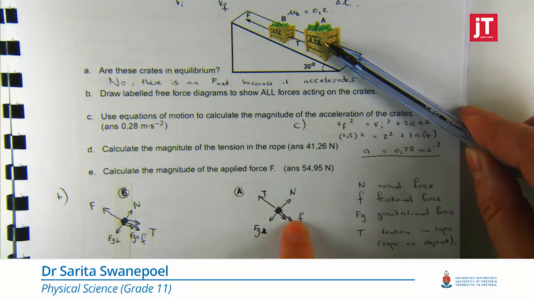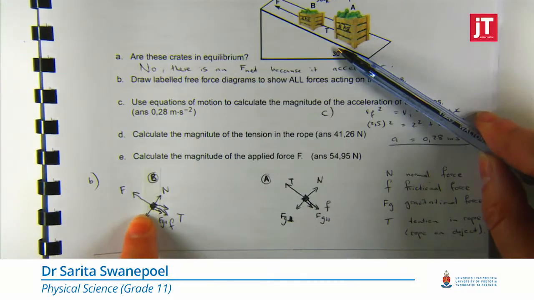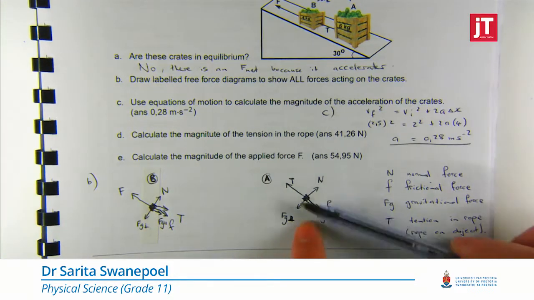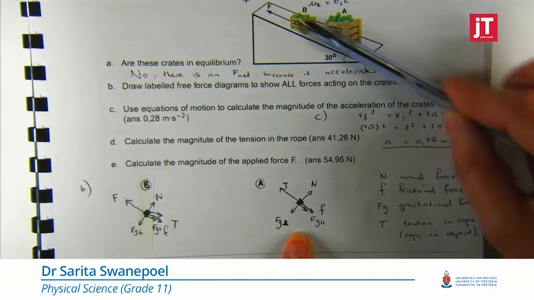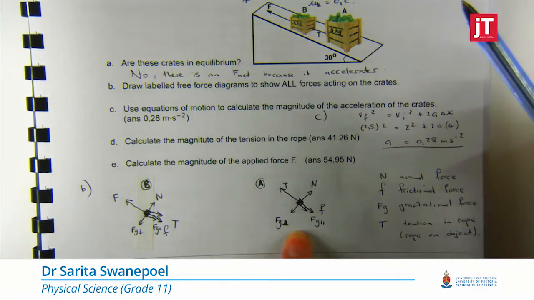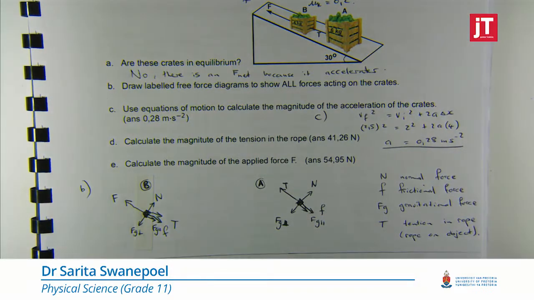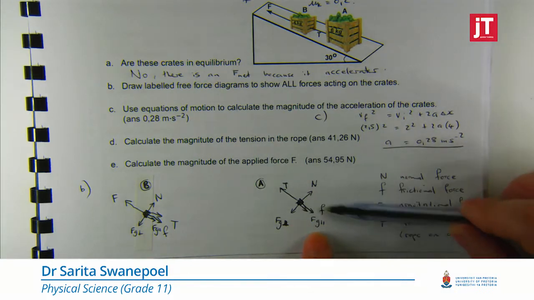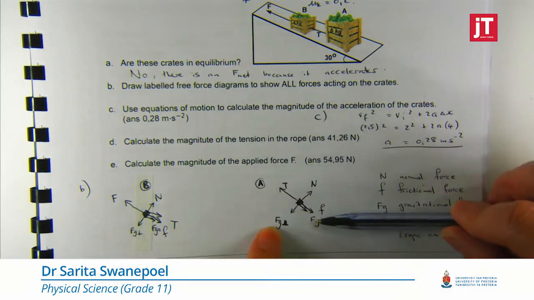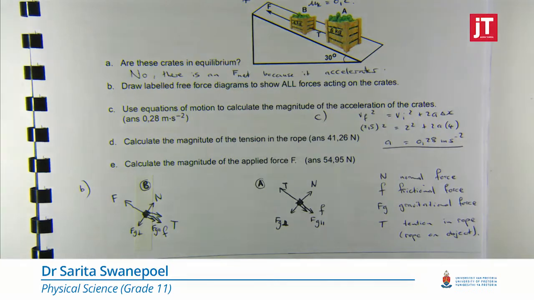F is working on the top one. So what's pulling it up is just the rope. That's the only force pulling it up. That tension you can think of as part of the applied force. And then there's the friction keeping it down, and also the component of gravity.